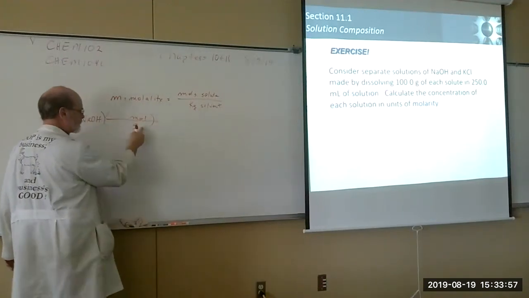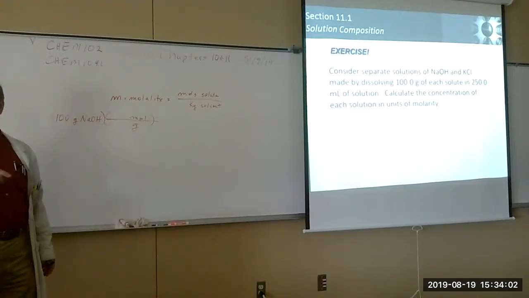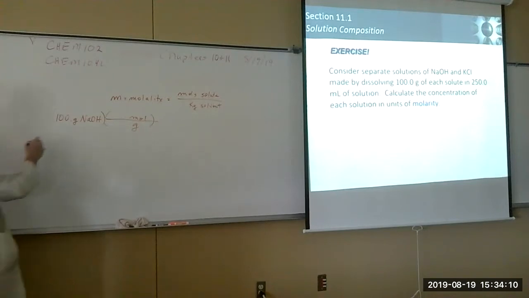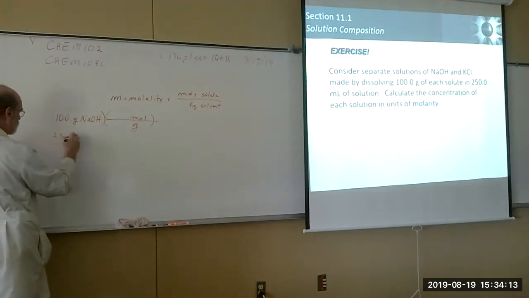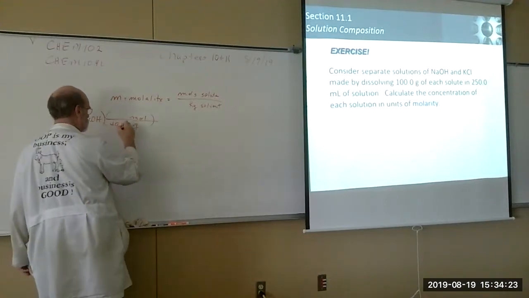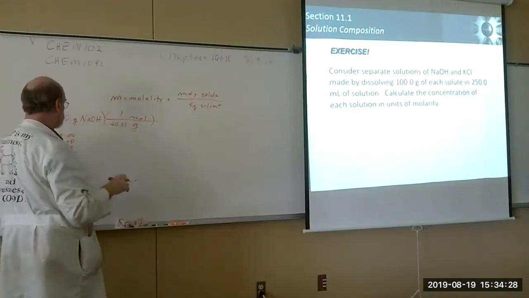So when you have grams on one side, moles on the other, you're talking about molar mass. So sodium is 23, oxygen 16, and hydrogen is 1.01. It's about 40.01.